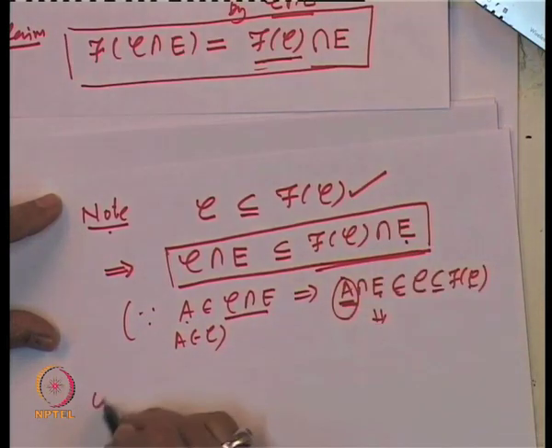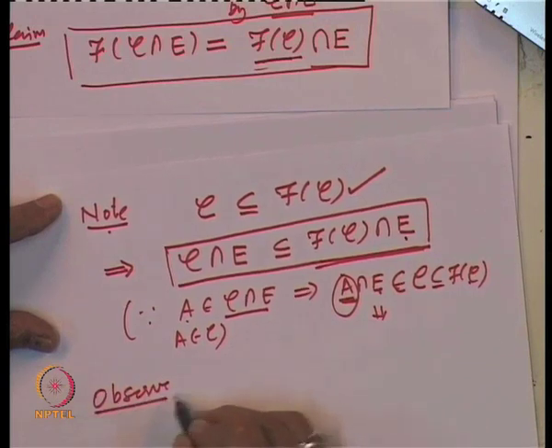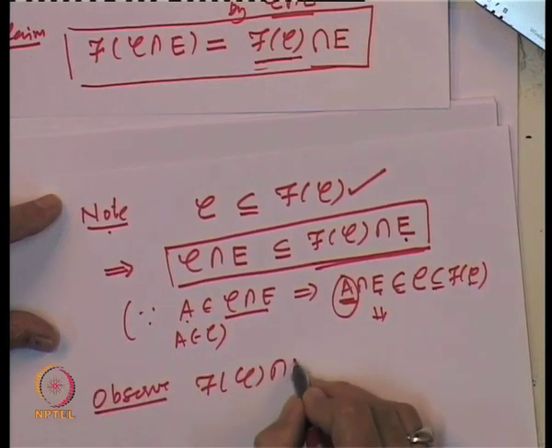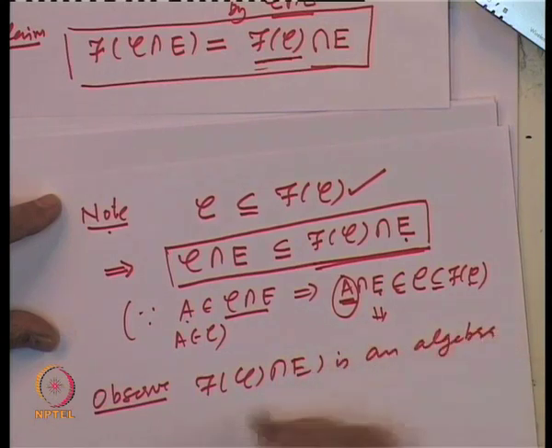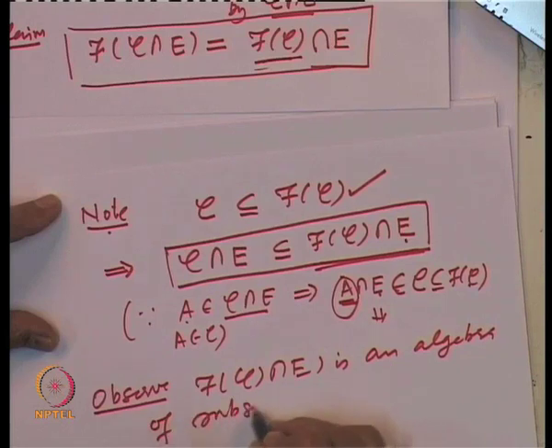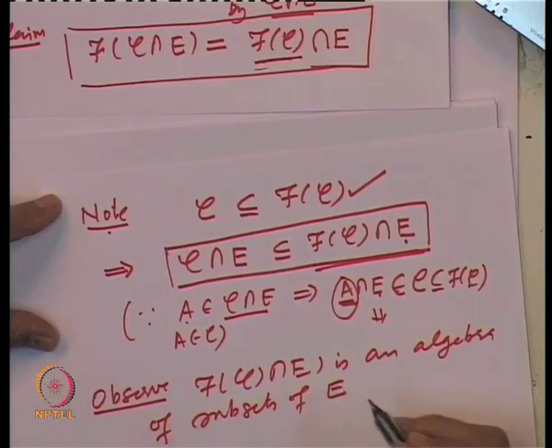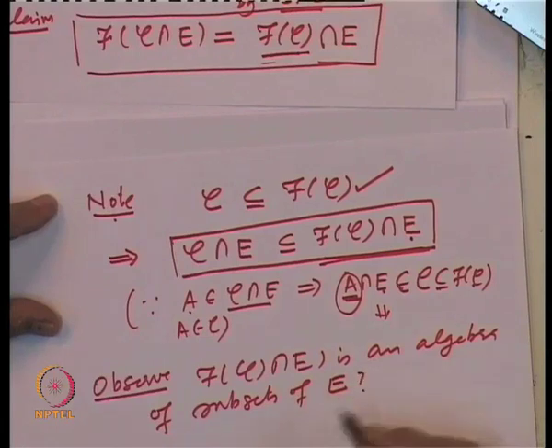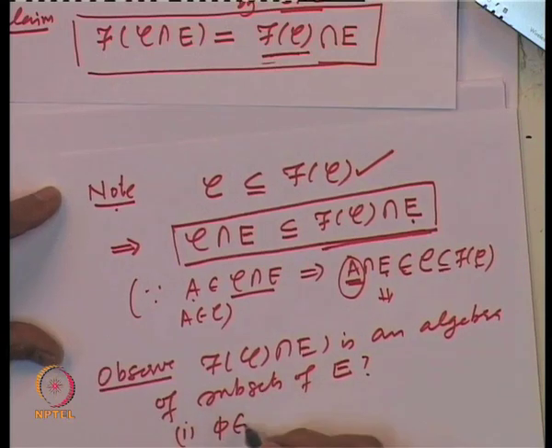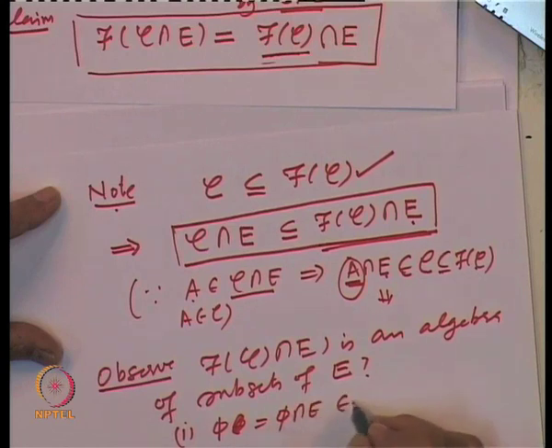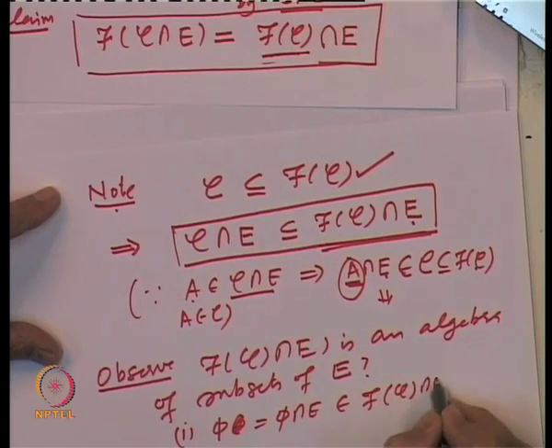And now, let us observe that F of C intersection E is an algebra of subsets of E. Why? Obviously, the empty set belongs to this, because the empty set can be written as empty set intersection E. So, that belongs to F of C intersection E. And second, note these are subsets of E. So, what is the whole space?